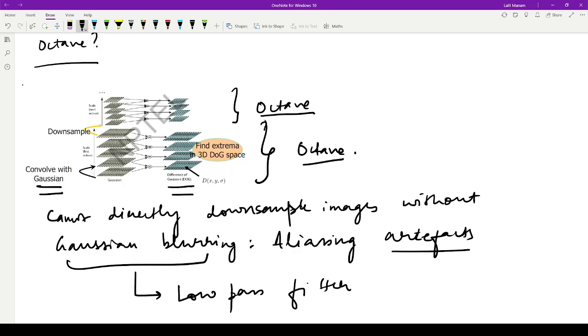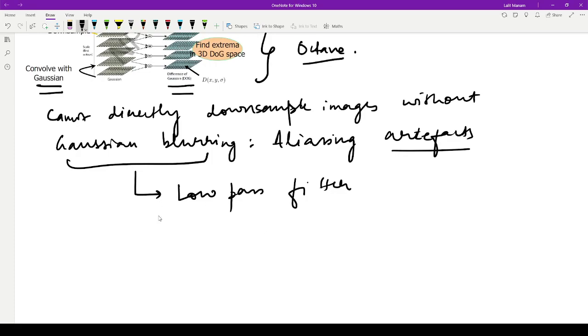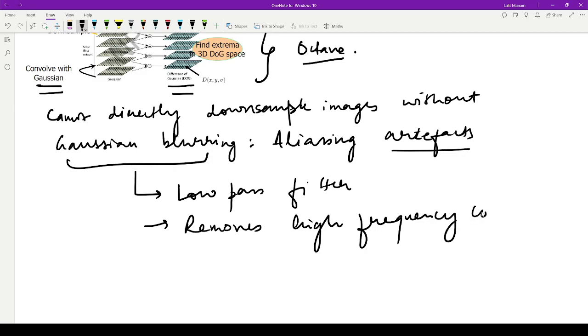What it does is it removes noise. Noise is okay, but what if there is no noise? It removes high frequency components, right? Because it's a low pass filter. That means you get a blurred image. But why do we want to do this?